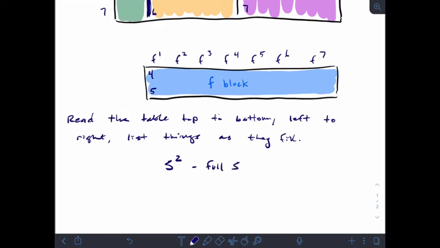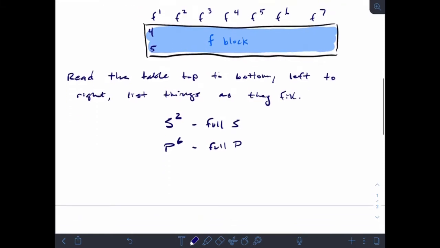When we are reading left to right and we get to an s2, we're going to write it down. For p's, we have 3 orbitals, and each orbital can hold 2, so that means a total of 6. This superscript 6 tells us there are 6 electrons in our p orbitals. That's a full p. So whenever we get a p6, we're going to list that.